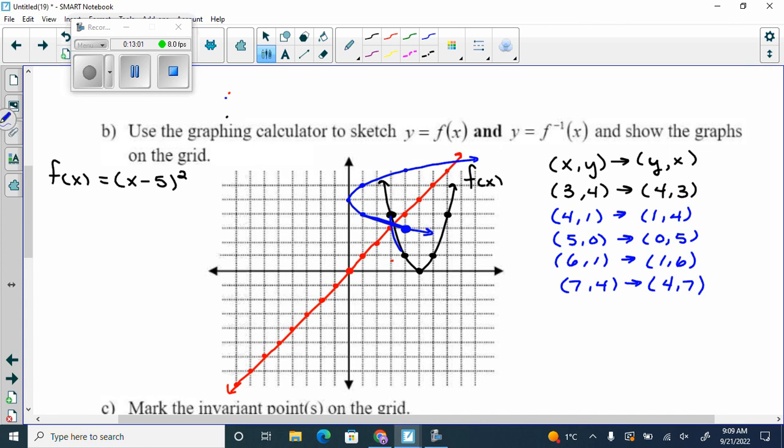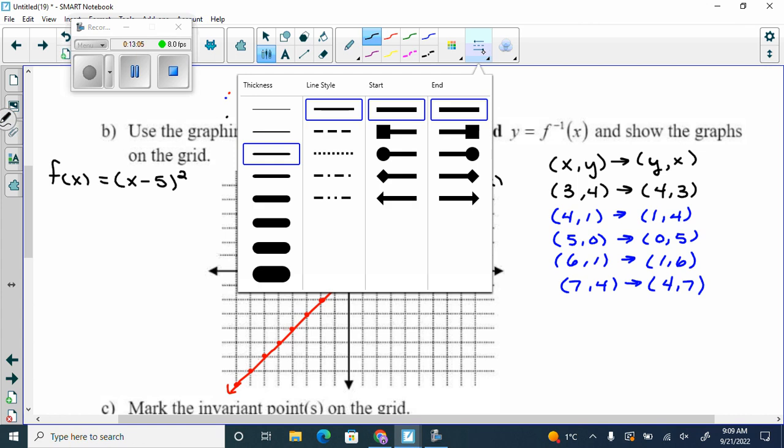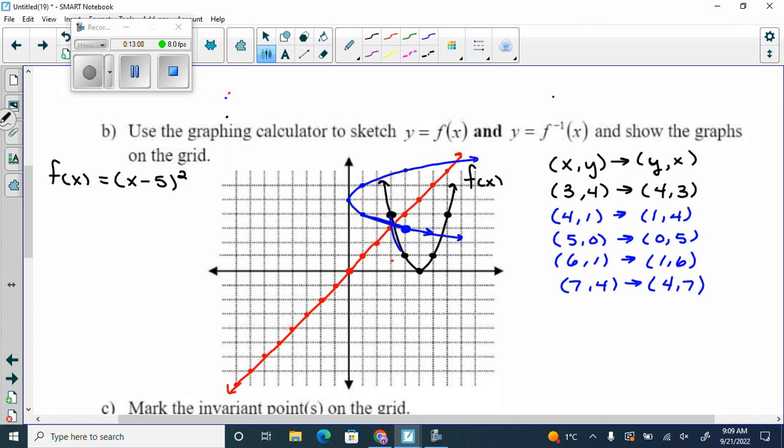Now, if I actually extended the blue out, I extended the black up, they're going to cross here. Use yellow. They intersect here, and they intersect here, which are both on the identity line, correct?